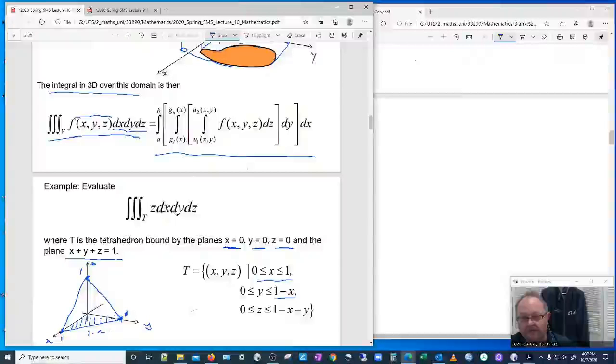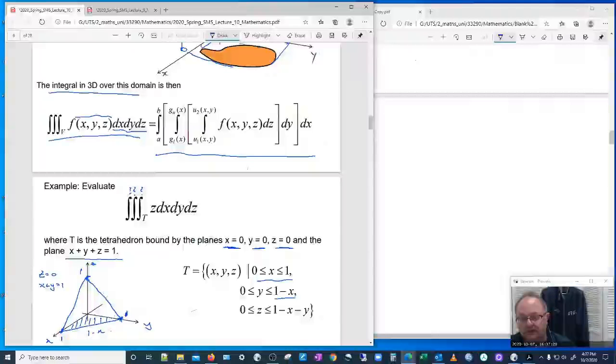And so we've got a few little manipulations we need to do in order to get each of these out. Okay, so when z is 0, you'll get x plus y equals 1.